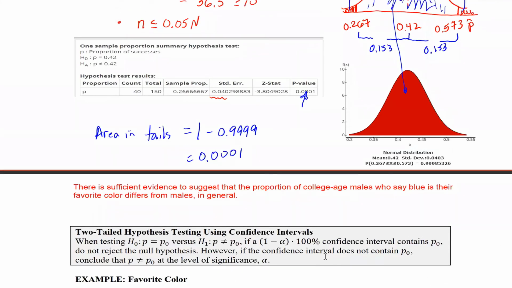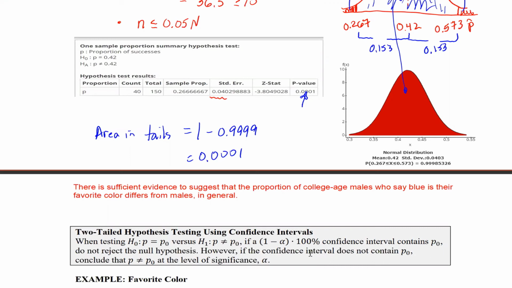So in this hypothesis test, we were able to reject the statement in the null and say that college-age males have a different proportion who say blue is their favorite color versus males in general.